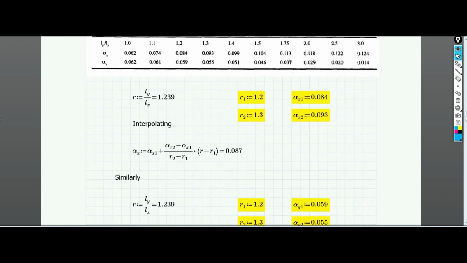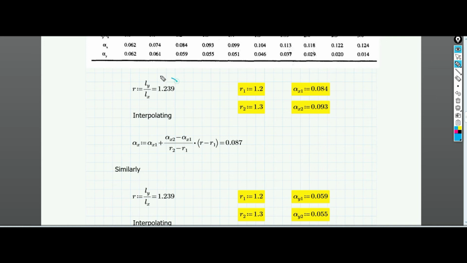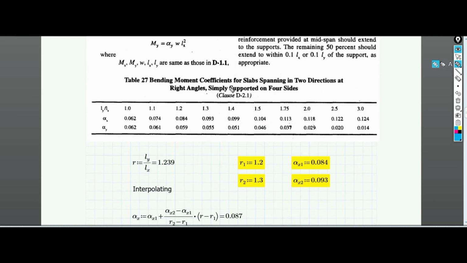Now let's do the calculation. For our case, the Ly by Lx value is 1.239. So it falls between 1.2 and 1.3, which are in the table. For 1.2, alpha x is 0.081, and for 1.3 it is 0.093.